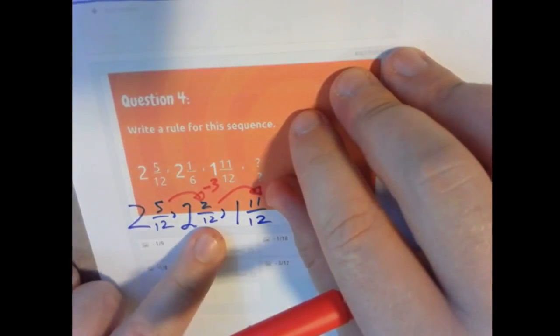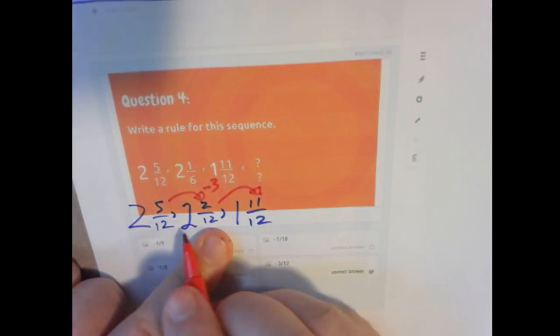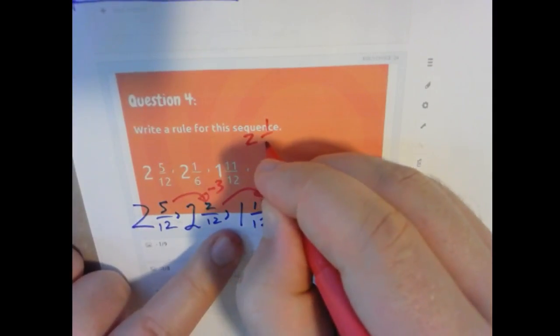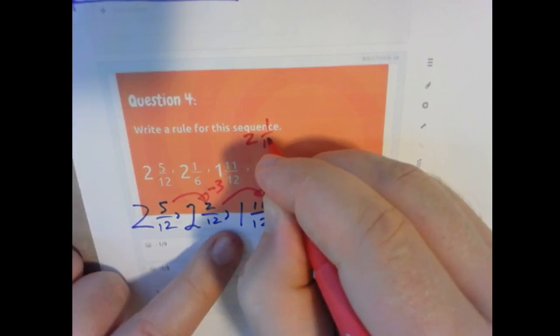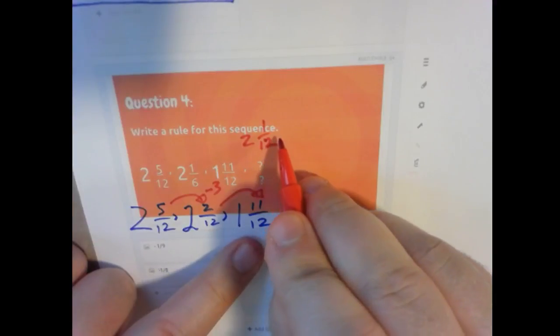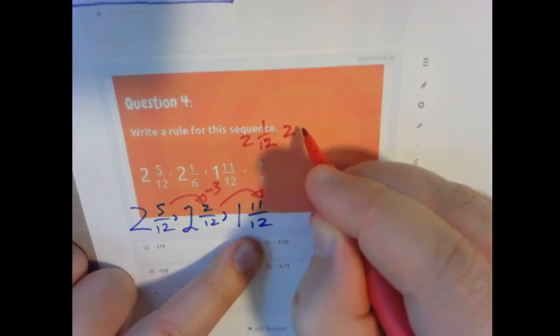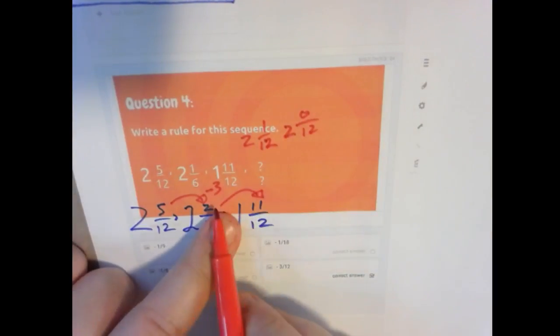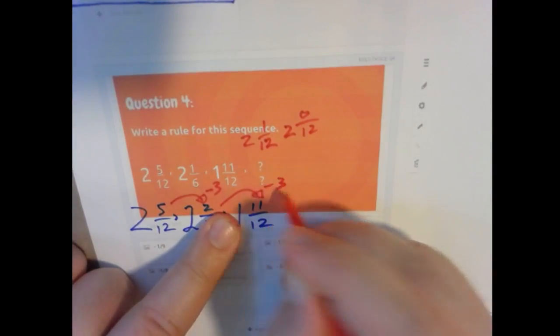Okay, so the steps that happen here again would be 2 and 1/12. We would lose one more and we'd go to 2 and 0/12. So these are like the intermediate steps that are happening in here.